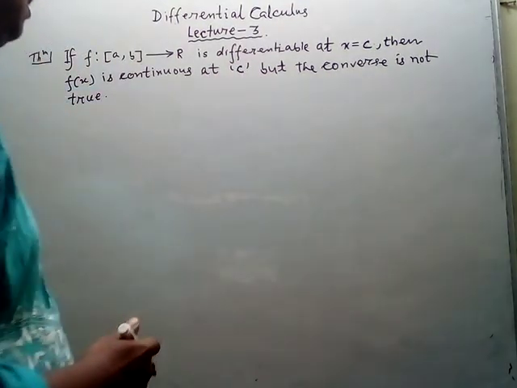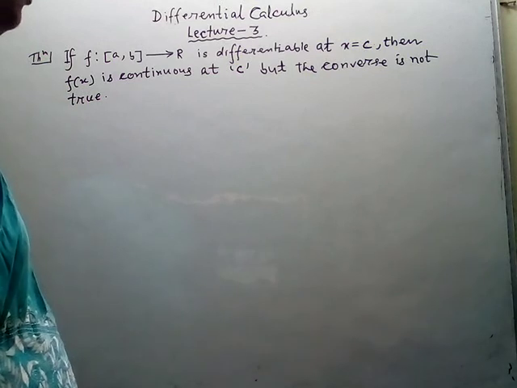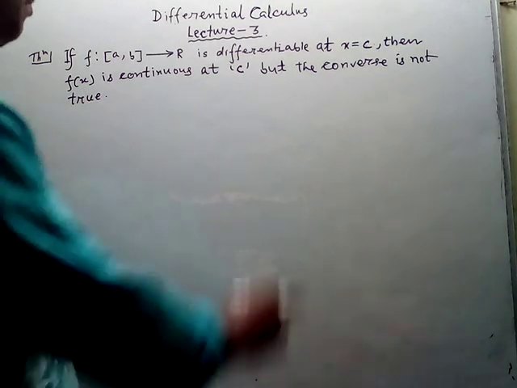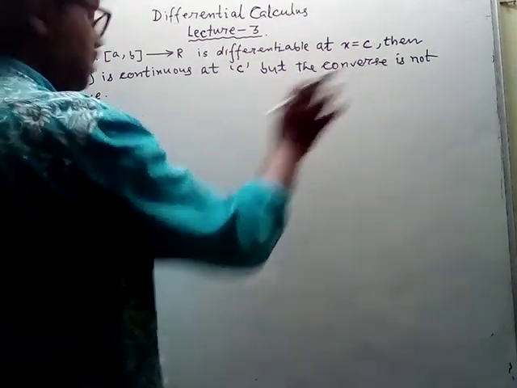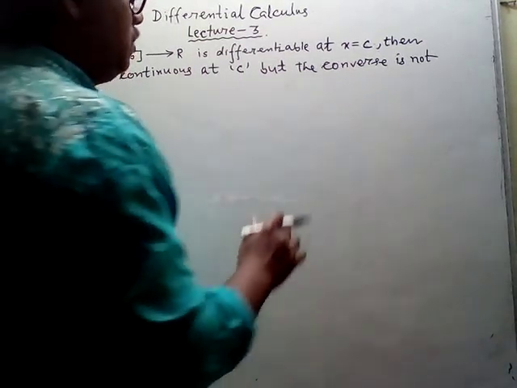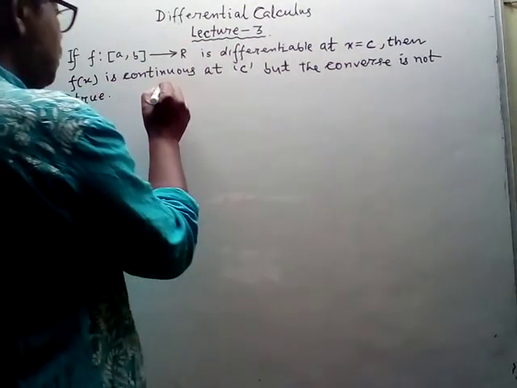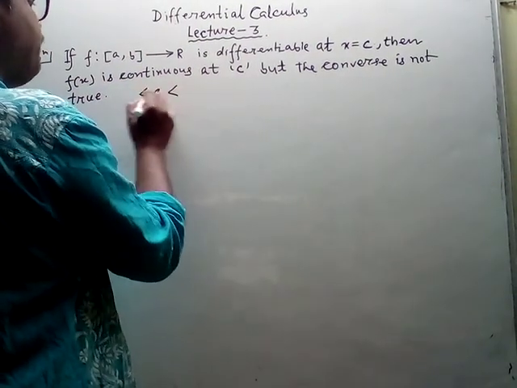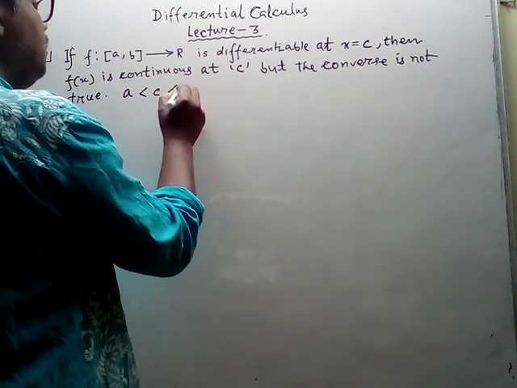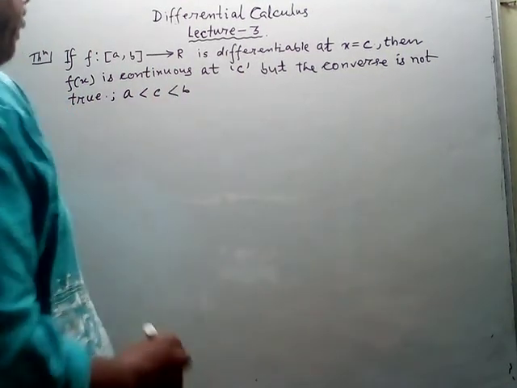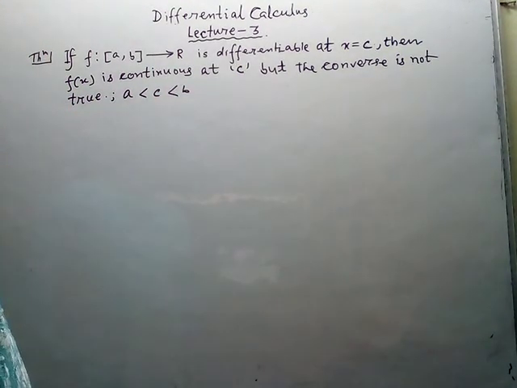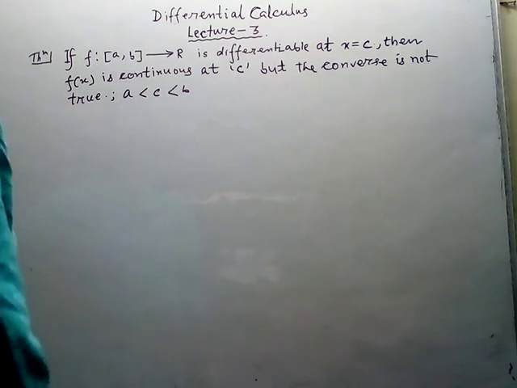That is, derivable implies continuity, but the converse is not true. Obviously, c lies between a and b. We have to prove this.